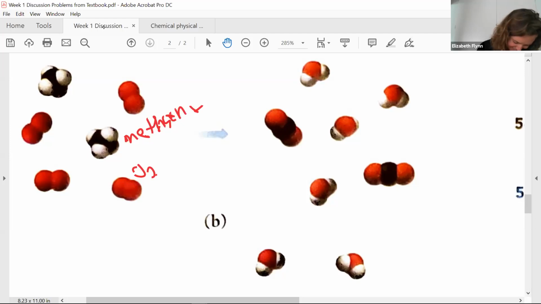Methane combusting together to form carbon dioxide. Okay, that says CO2. I'm sorry. And water. So that's a combustion.